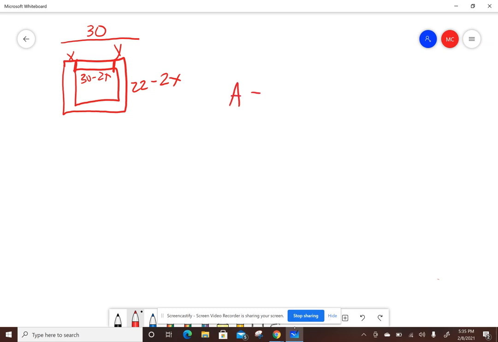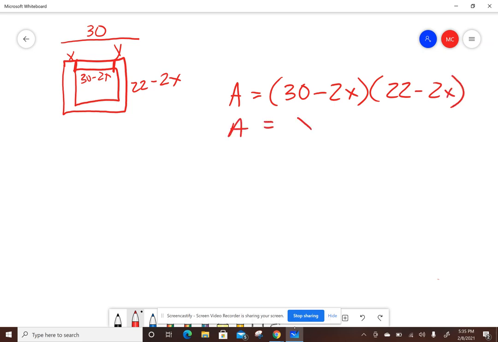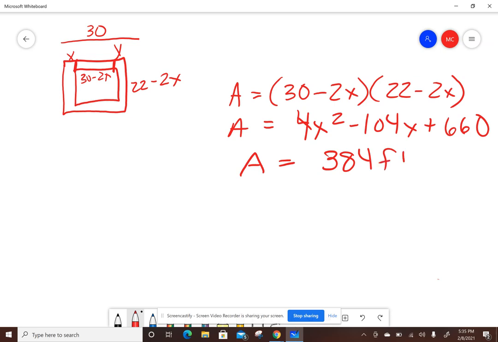So you would say area equals 30 minus 2x times 22 minus 2x. When you FOIL it, you get 4x squared minus 104x plus 660. And when you substitute a 3 for x, you get 384 feet squared.